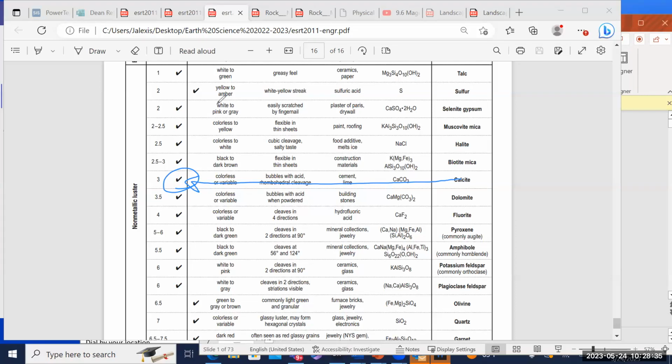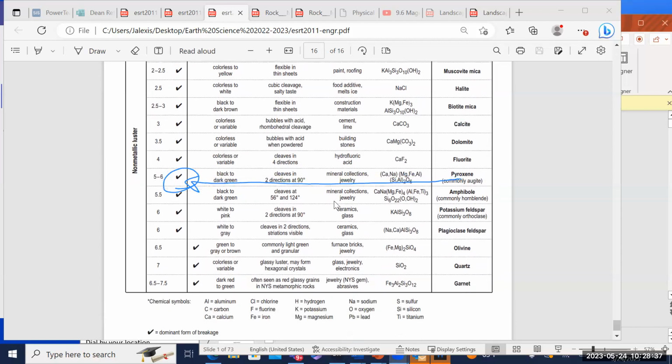Let me look at quartz. Quartz is fracture. Quartz has a fracture check. All right, and the last one is halite and pyroxene.